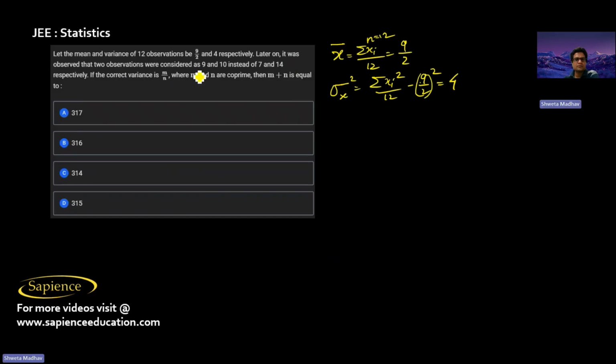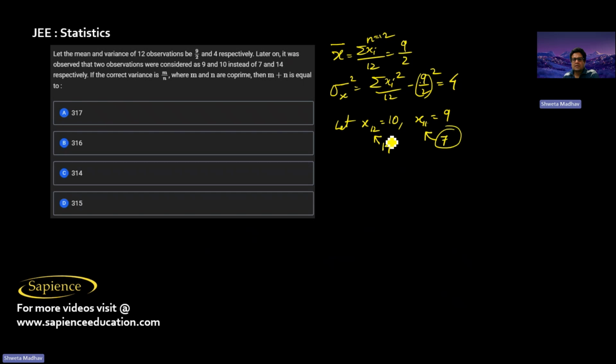Then it is observed that two observations were considered as 9 and 10 instead of 7 and 14. So suppose the 12th observation was 10 and the 11th observation was considered as 9, but the correct value of the 12th observation had to be 14 and the correct value of the 11th observation had to be 7.